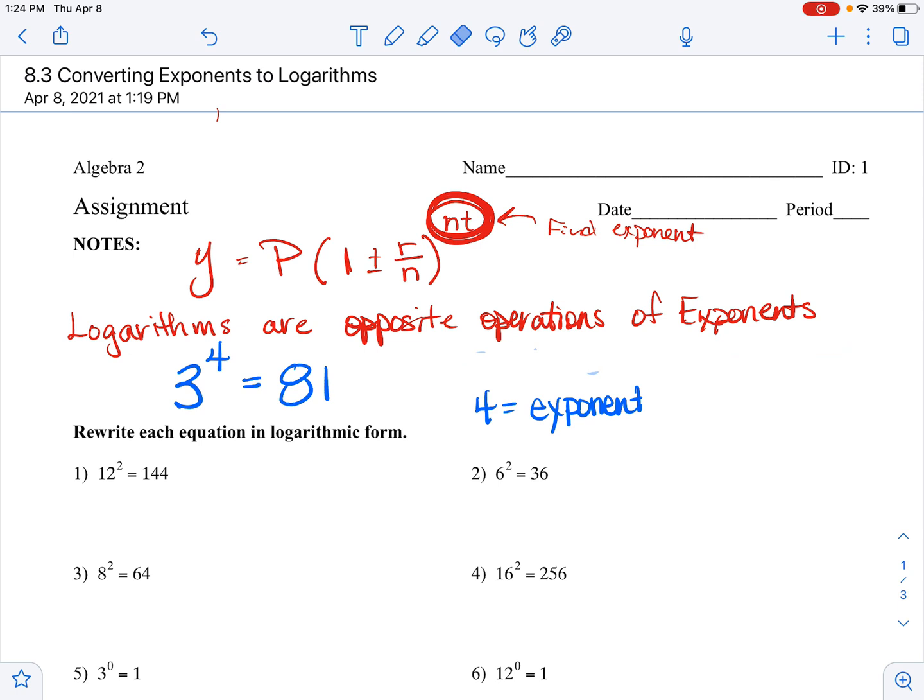What does that mean? Well, I'm just going to put numbers in different spots. So we can say the log of the base, of the answer, is equal to the exponent.